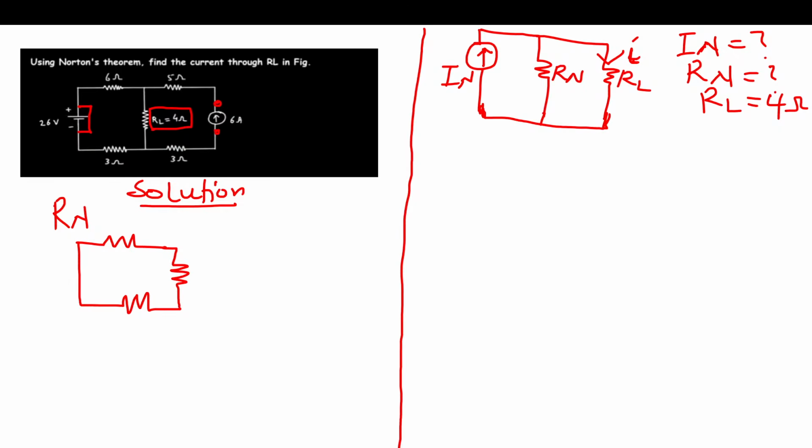Sorry, the load resistor is not going to come.